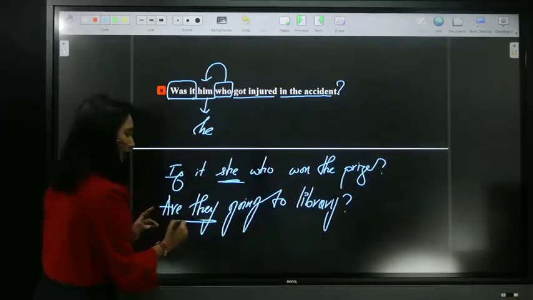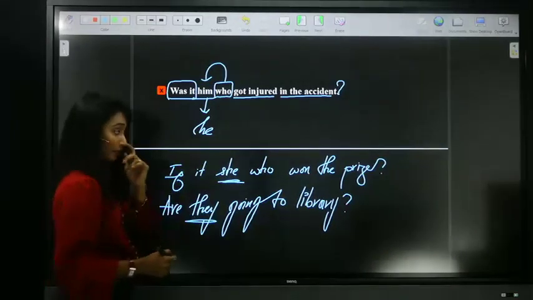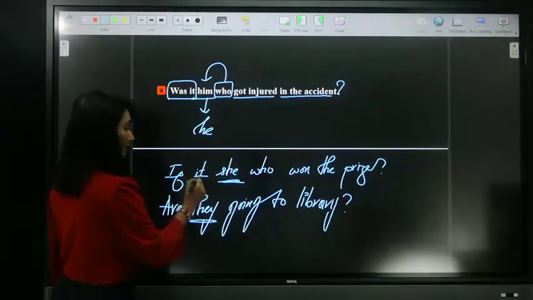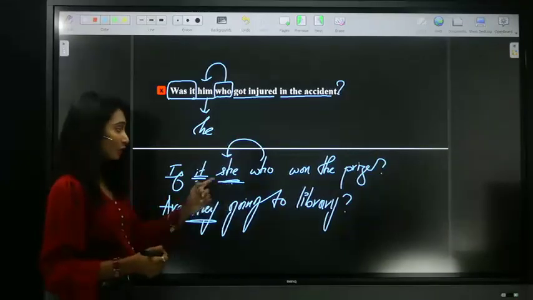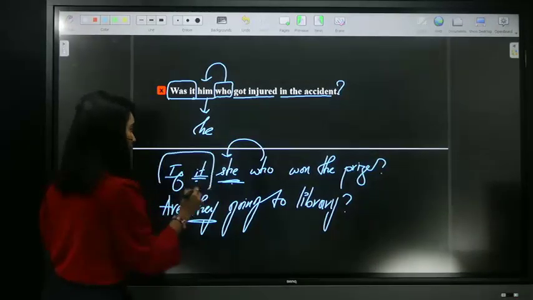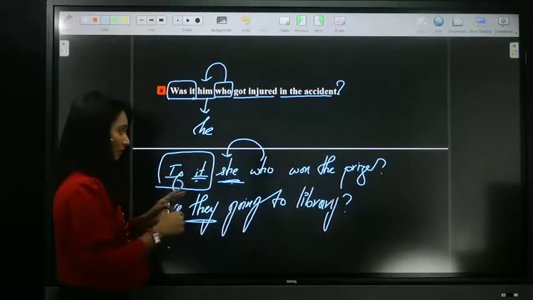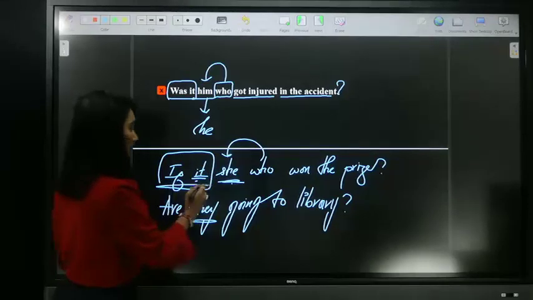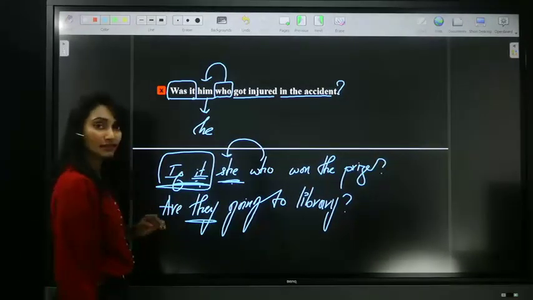Here, after the verb we used subject case because it is in a question. Here after it, is it, we are using she because we require subject case. Relative pronoun is there and this is incomplete predication. So try to understand these two. They are not same. Here it is in question. Of course, this is also question, but here it is incomplete predication, so requires subject case. I hope it is clear.